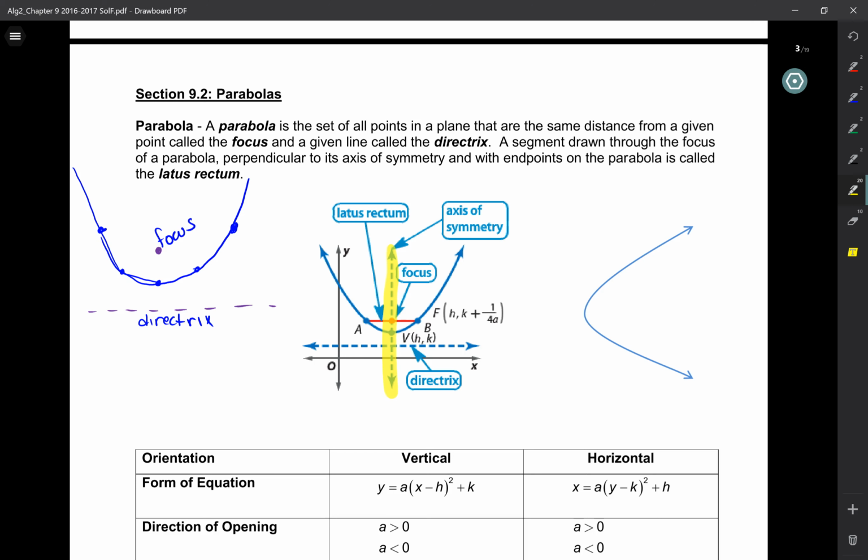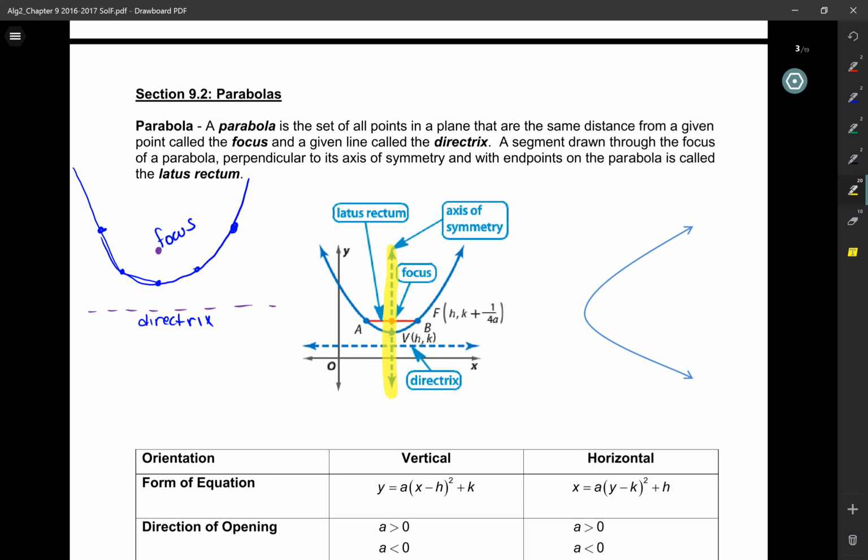So now, if I'm on the axis of symmetry and I'm walking down, all right, I hit a couple of key points. First thing I hit is the focus. I continue, I hit the vertex, I continue, and I come up on the directrix, all right? So all of those are on that axis of symmetry.